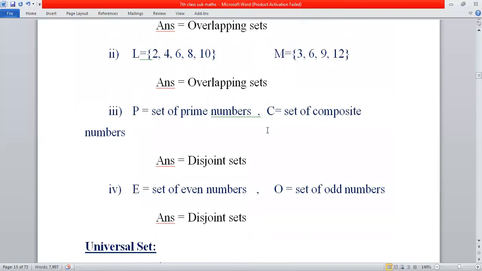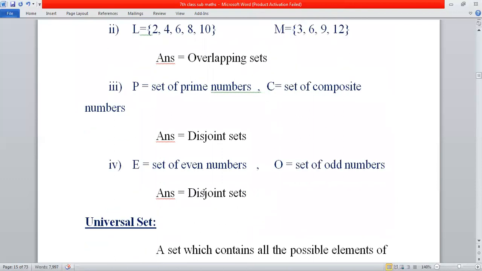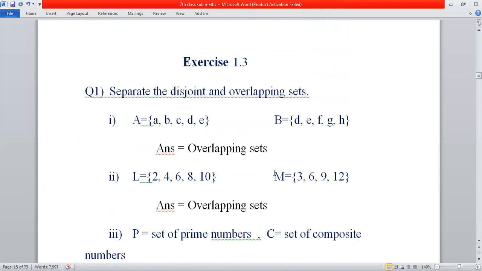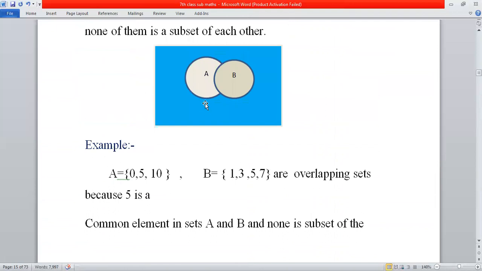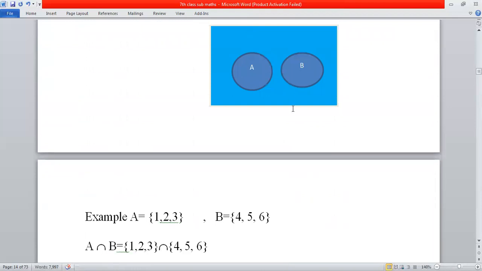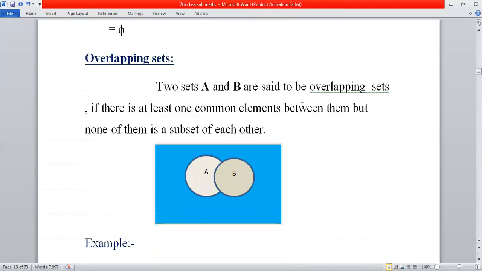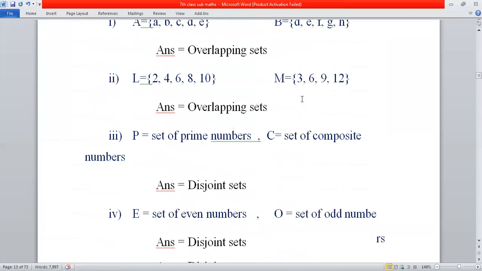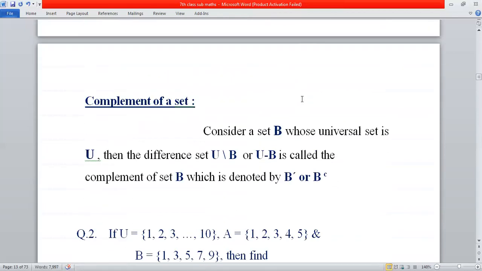And in disjoint sets, if you have two sets A and B and there is nothing common between both, then they are disjoint sets. Diagrammatically, we represent the overlapping sets like this, and the disjoint sets like this.